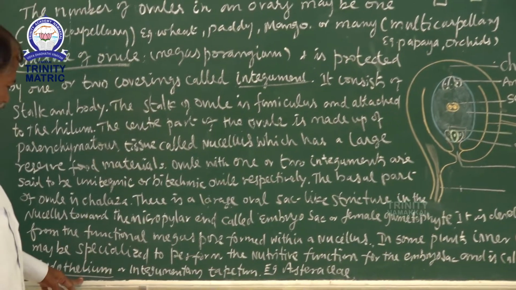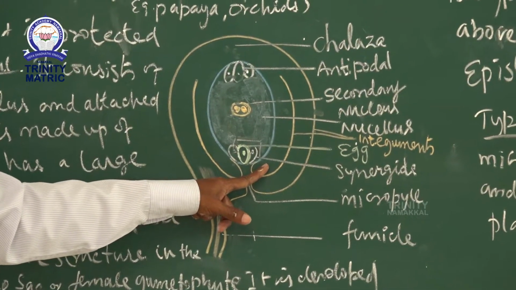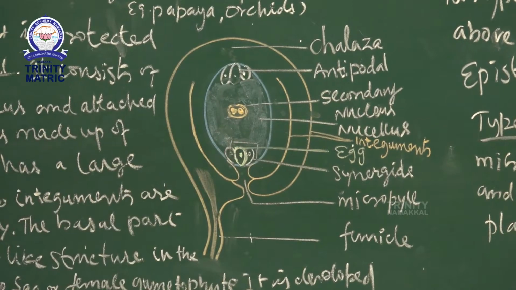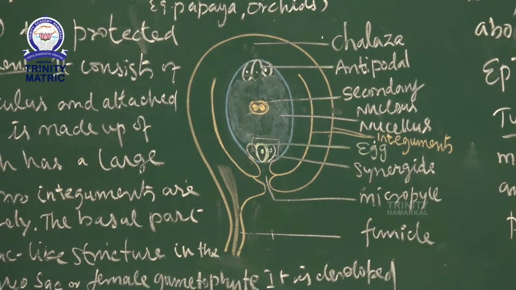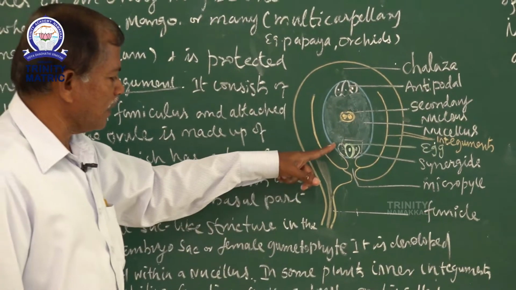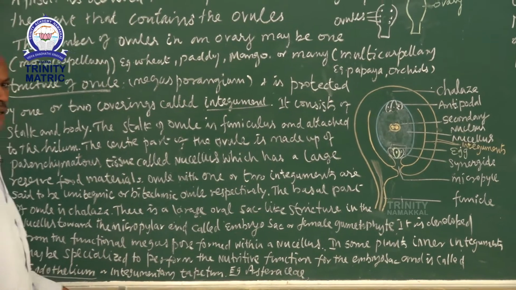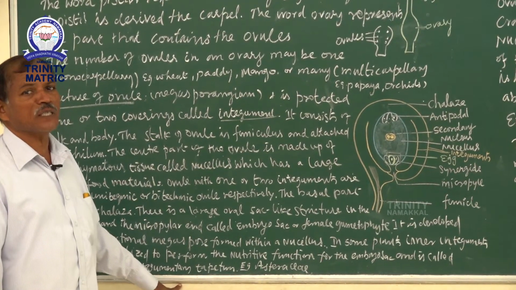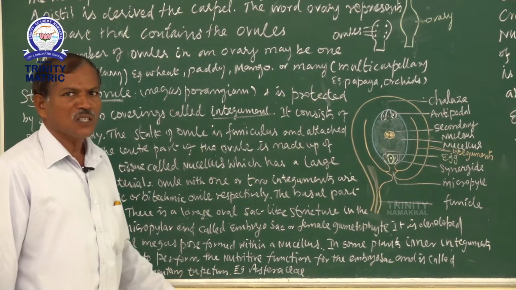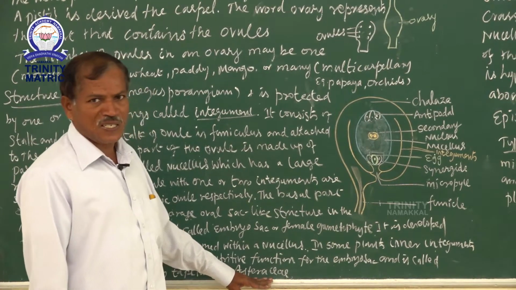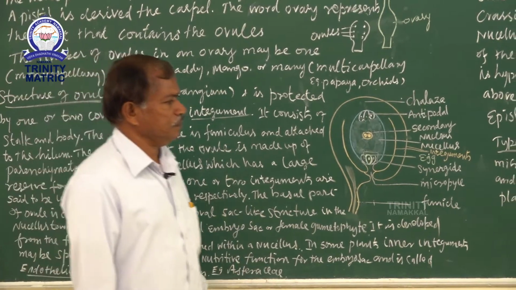Endothelium means the inner integument of the ovule, specialized for a nutritive function in the development of the embryo sac. It is also called the integumentary tapetum. The best example is Asteraceae, the largest family in the world.